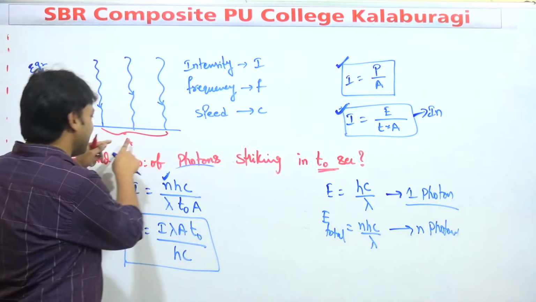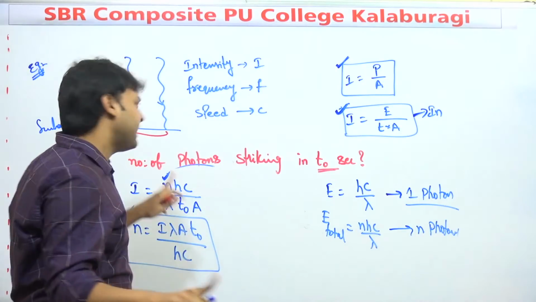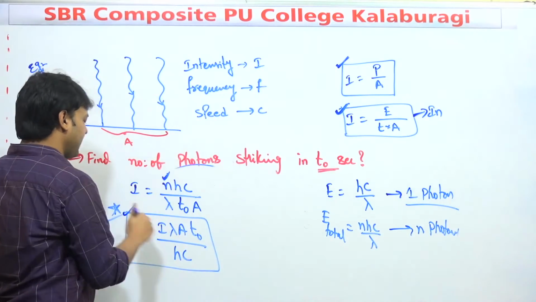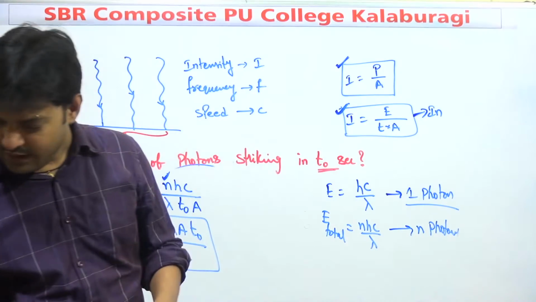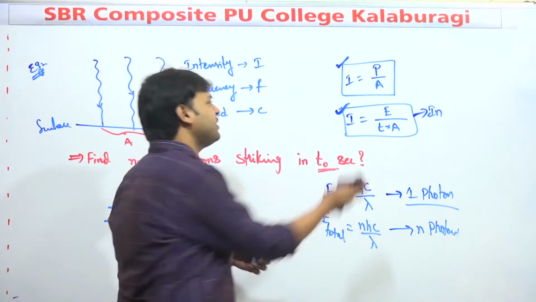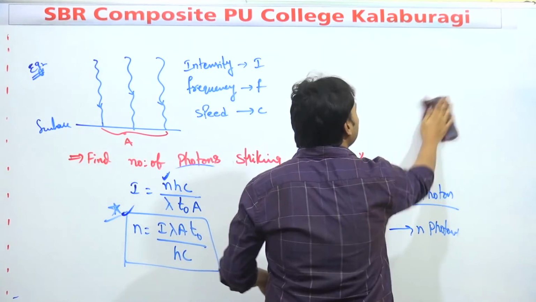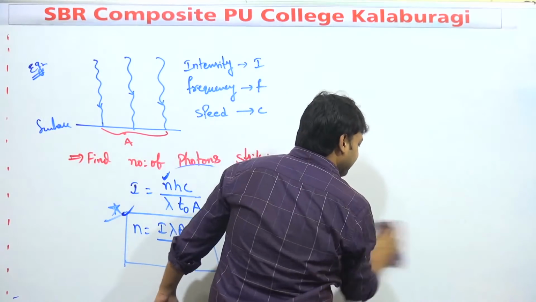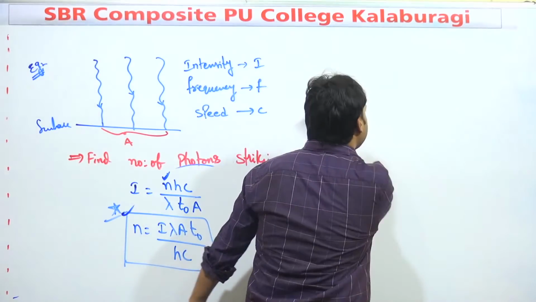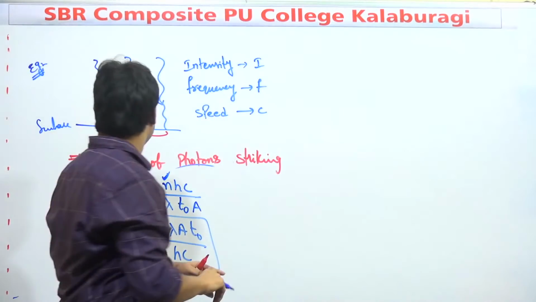If it is unit area, A should be 1. Since I considered area A, it should be A. First you have to understand the photons more, then the photoelectric effect will be easy for you. So this is the way to calculate the number of photons.